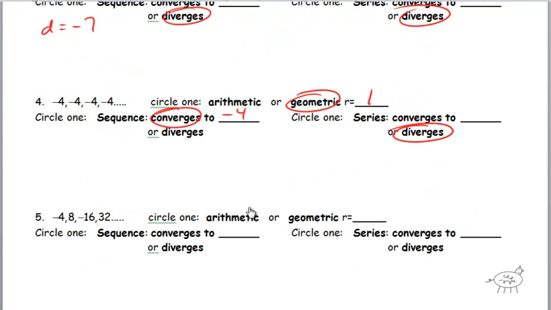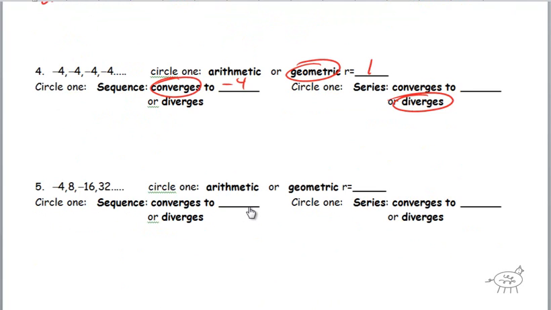Okay? Number 5: -408, -1632. If I do this, I can see that r is equal to -2, so it's geometric. So what's going on with the sequence? You guys agree it's getting bigger, but negative bigger, positive bigger, negative bigger, positive. It's fluctuating back and forth.